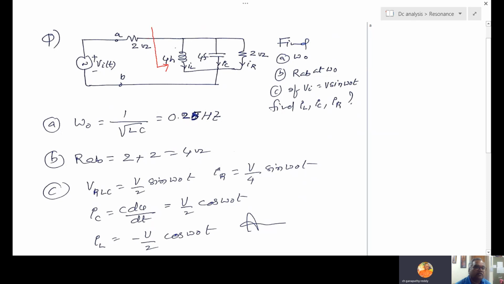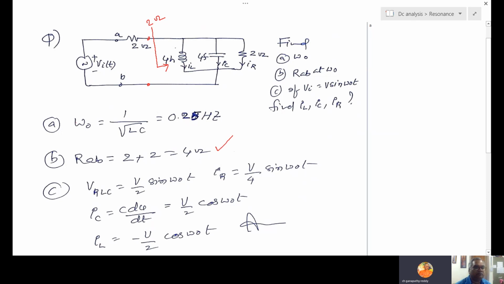Resistance looking from here is 2 ohms only. So the LC parallel circuit offers an impedance of infinite. Infinite in parallel with 2, so effectively 2 ohms. 2 plus 2 is 4.